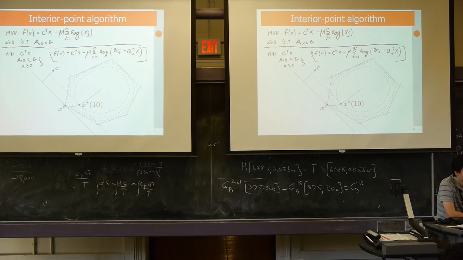But for this, you need that everything is strictly less than. To start off with, you have to have a point where Ax is less than b. What I wanted to say is just that there are linear programs where you don't even have feasible points.